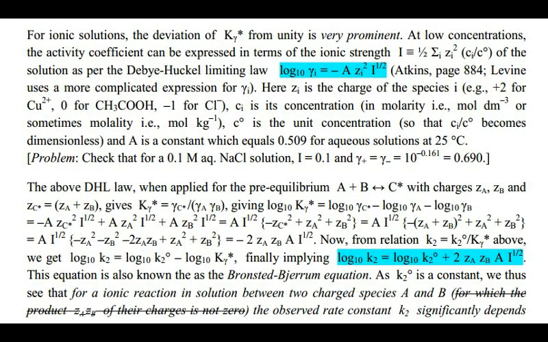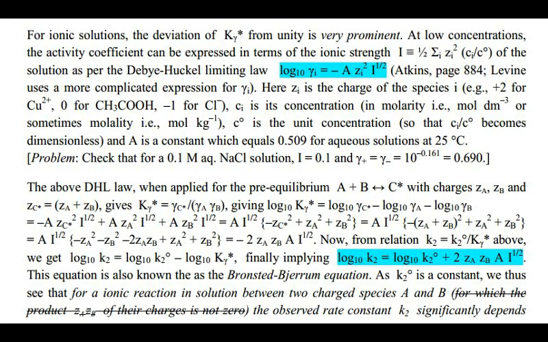The formula of ionic strength is I equals half into summation over all the ions i. There is a half in the ionic strength definition. I equals half into summation over all the ions i of Ci into the charge of i, Zi square.